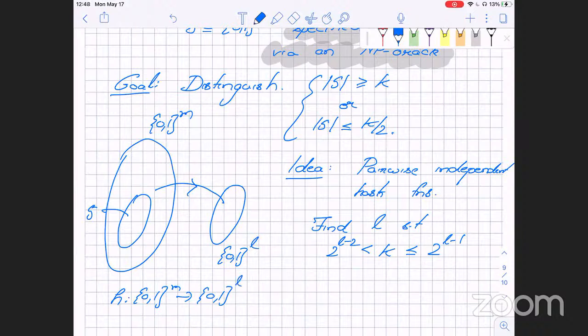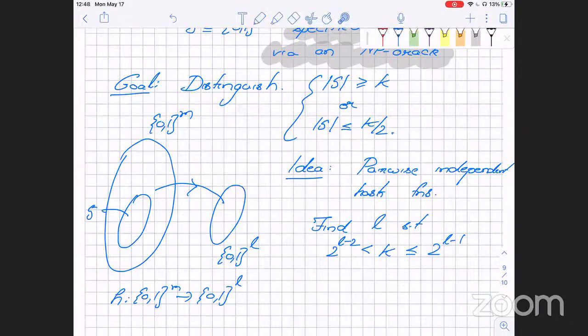So I'm going to hash the whole universe {0,1}^m into {0,1}^L. In one case, S is a large set. In the other case, S is a small set. So what do you expect? If S is a small set, notice S is now significantly smaller than k by 2, and k is roughly the size of this universe.